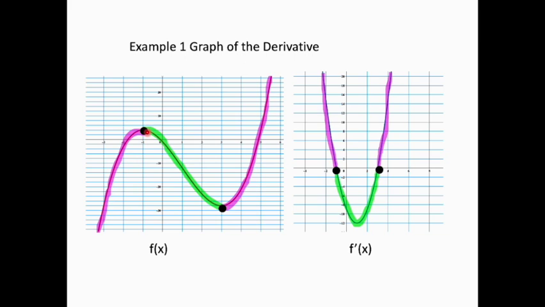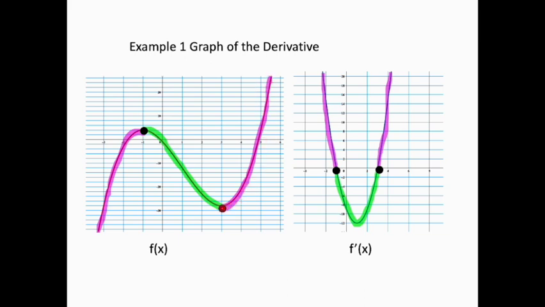Then the interval from -1 to 3, where the function is decreasing, is where the derivative falls below the x-axis, because the derivative is negative there. And then the same thing goes for this pink area here.